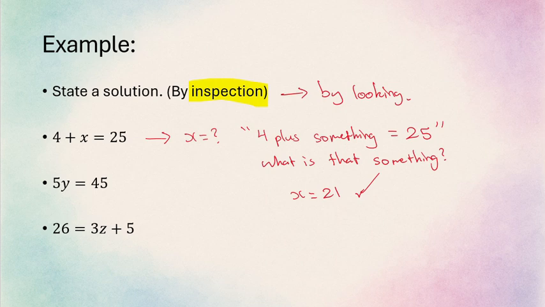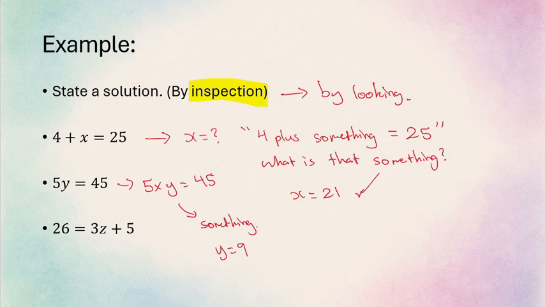In my second example, this is written as 5 times y equals 45. That y is that something. So 5 times something equals 45. If you know your times tables, you pretty much figure out, oh, I know that 5 times 9 equals 45. So I'm going to say y equals 9. And that's what you're supposed to do.